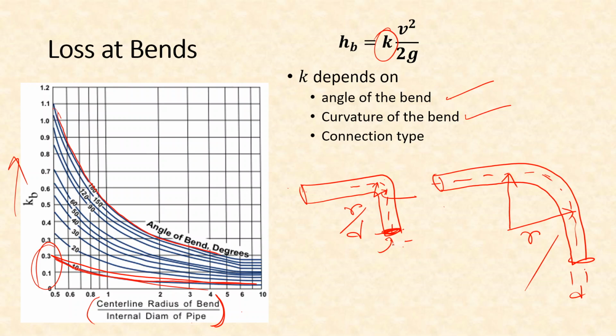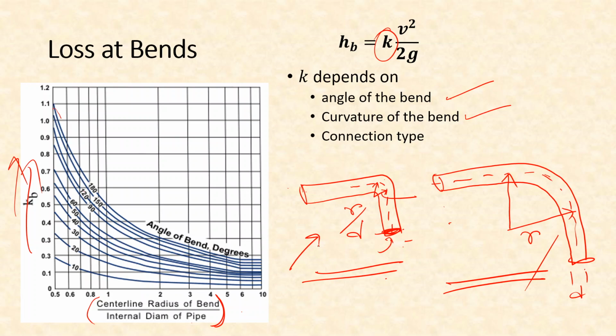And as we can see, for all the different angles, whether it is 10-degree bend or 90-degree bend or 180-degree bend, as this R by D ratio increases, the KB value decreases. That means for this second example, the value of KB will be smaller than KB for this example. And that's from our common sense also, we can simply guess that, because it's a sharper bend and this is a smoother bend.